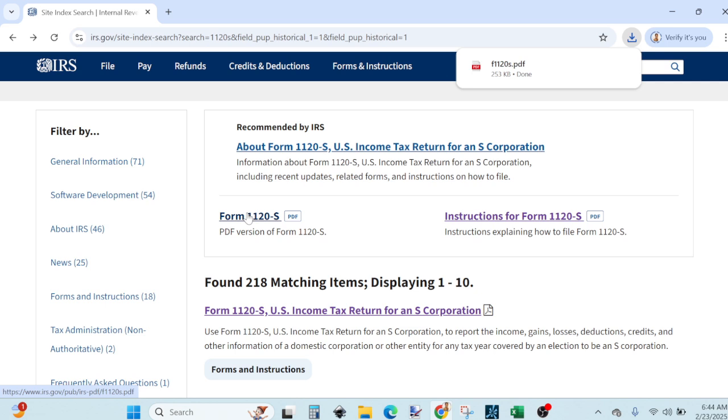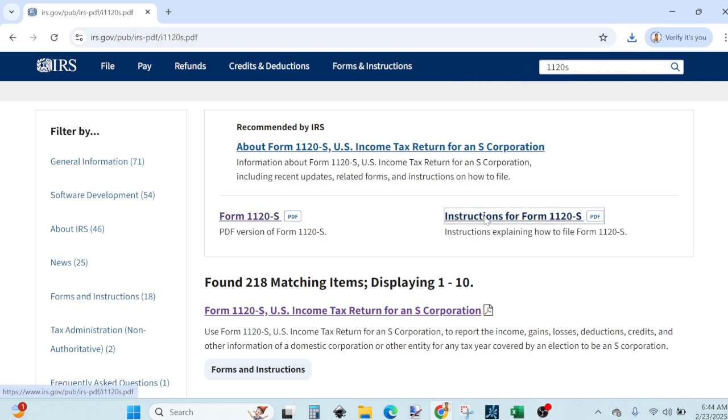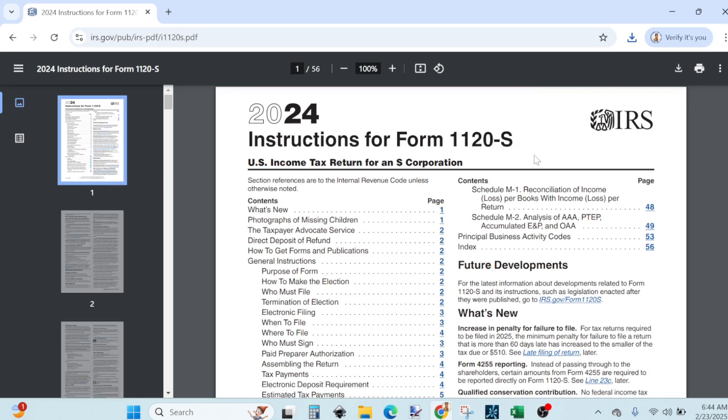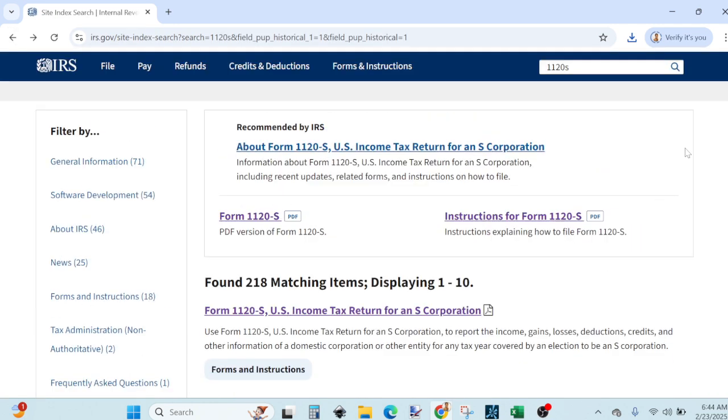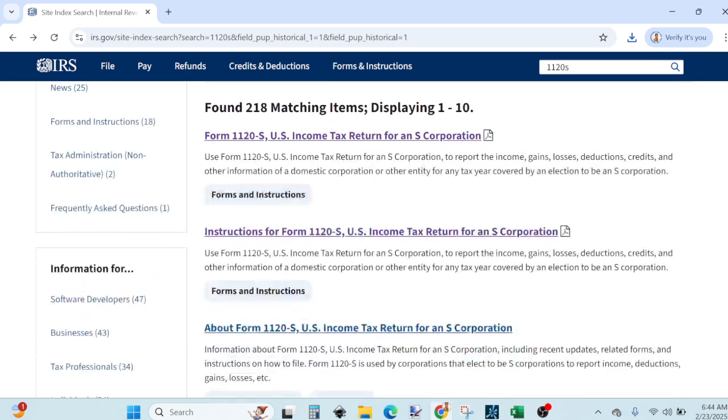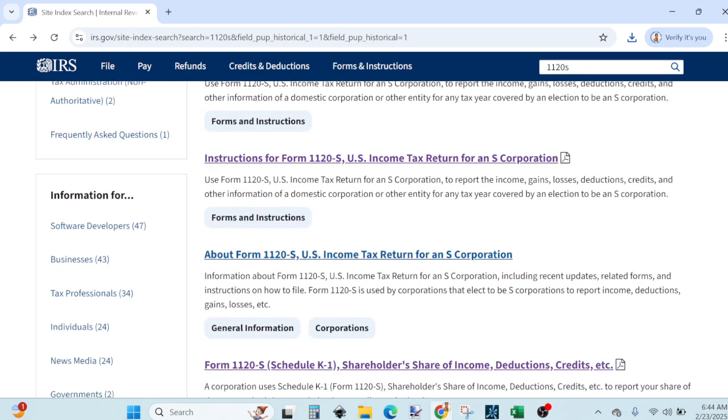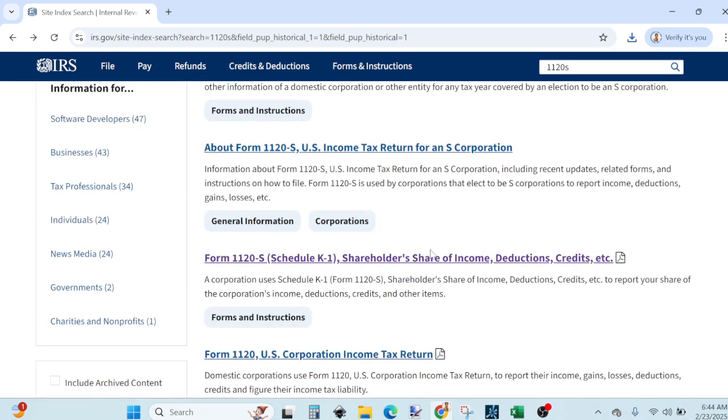So you pretty much download the form, the instructions. You download the instruction as well to save it, and Schedule K-1. Form 1120S Schedule K-1. You download that as well, because that's what will be sent to the partner.